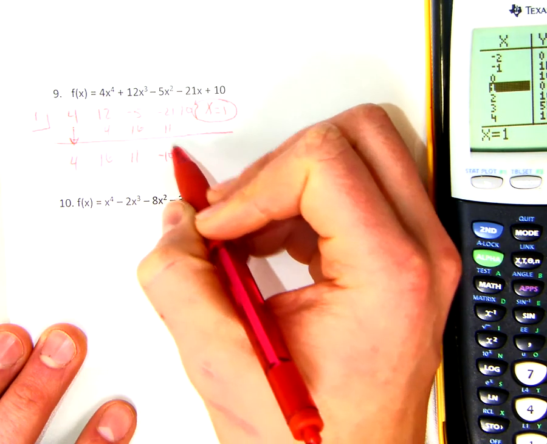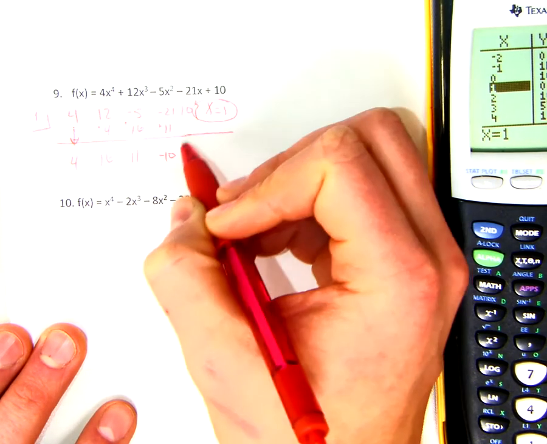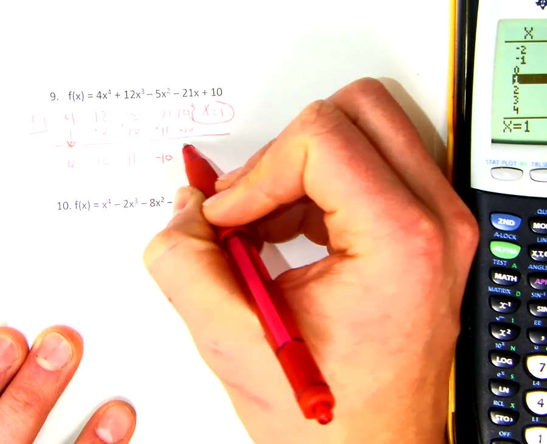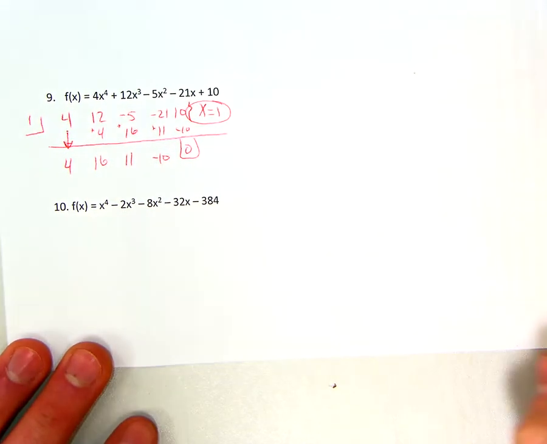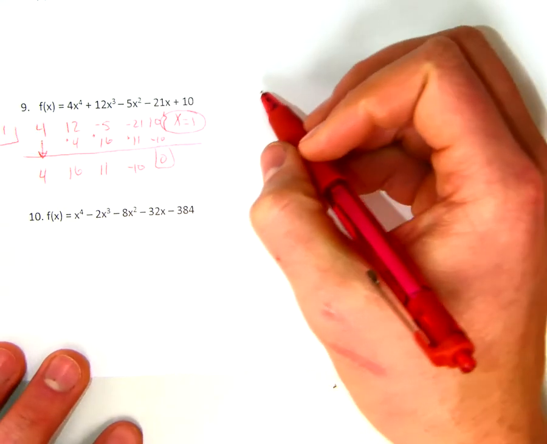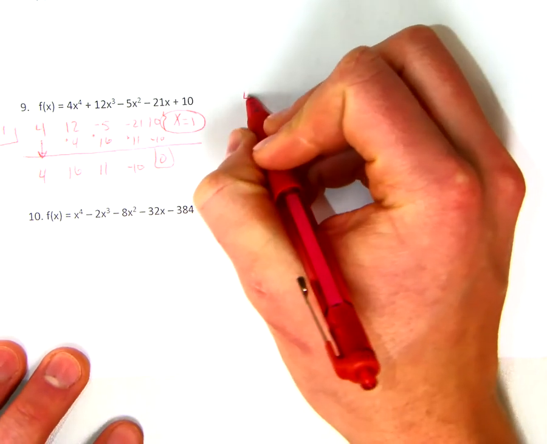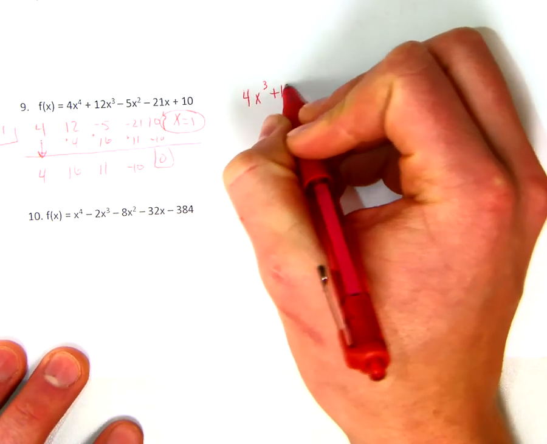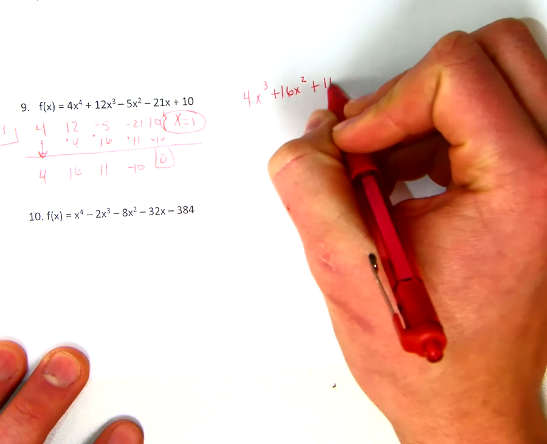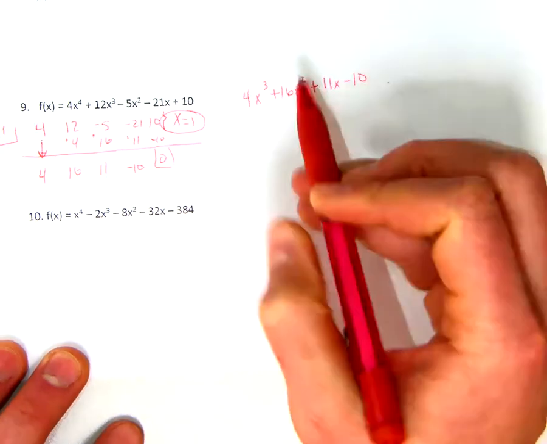We have negative 10 now. Negative 10 times 1 is negative 10. And I'm left with 0. Again, that should work out. No worries there. So my depressed polynomial then is 4x to the 3rd plus 16x squared plus 11x minus 10.